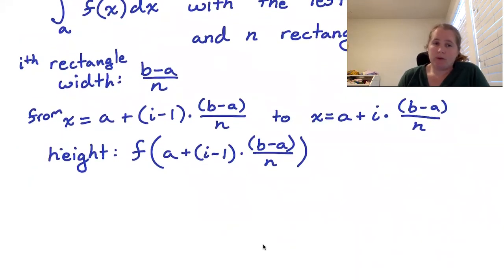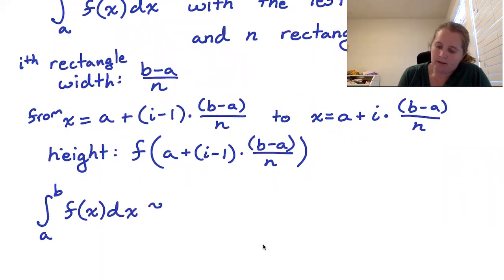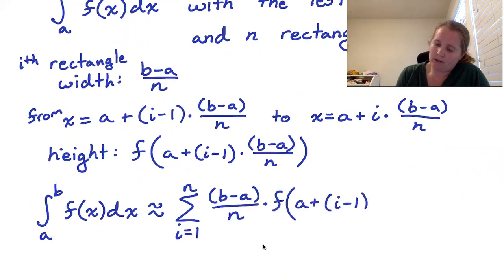And so we would do the definite integral from a to b of f of x dx is approximately the sum from I equals 1 to n, our n rectangles, of our width, b minus a over n, times our height, f of a plus I minus 1 times b minus a over n.